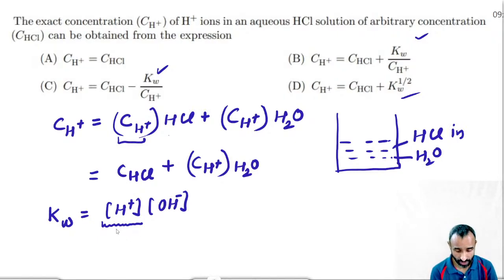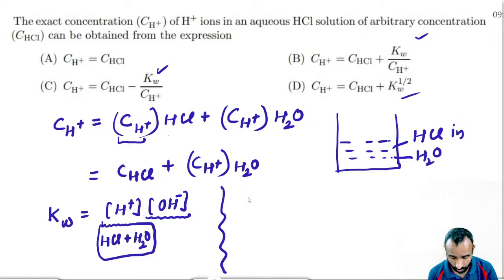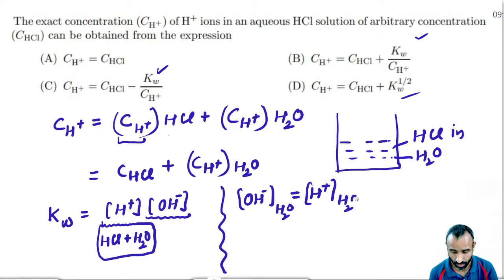So this H plus includes H plus from HCl as well as H plus from water. But OH negative ion, you know, concentration of OH negative ion from water is equal to concentration of H plus ion from water. Am I right?